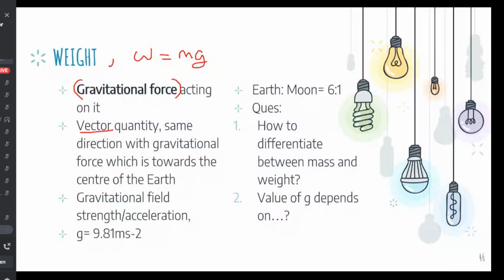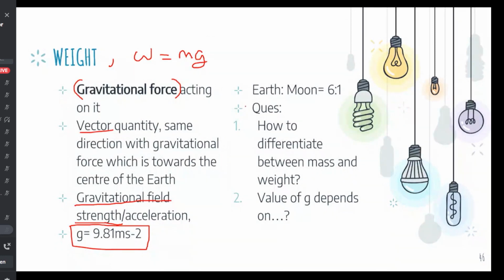Whenever the question gives you information, they like to use words like gravitational field strength. It looks very complicated, but it is actually the same as gravitational acceleration, which is 9.81 ms^-2 on the Earth.